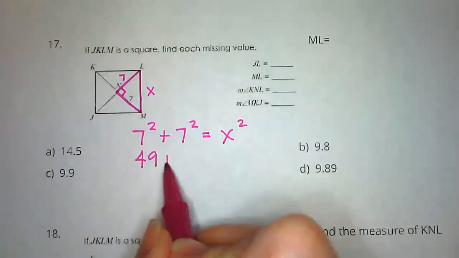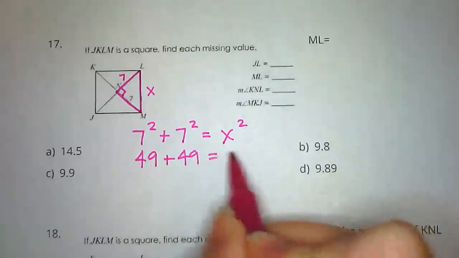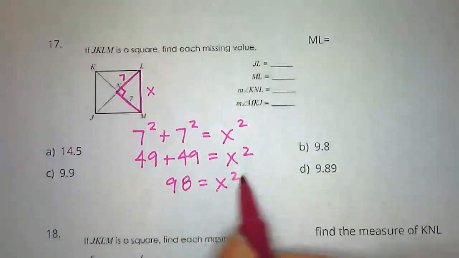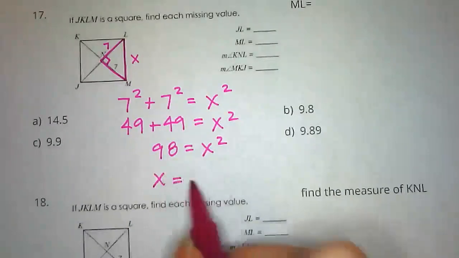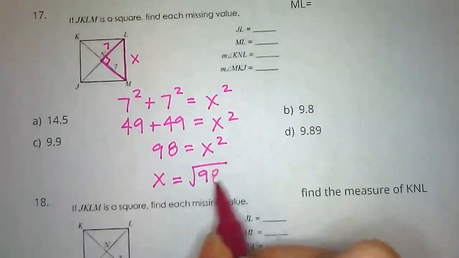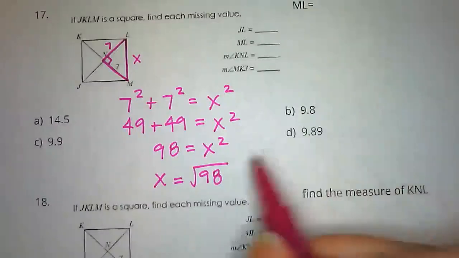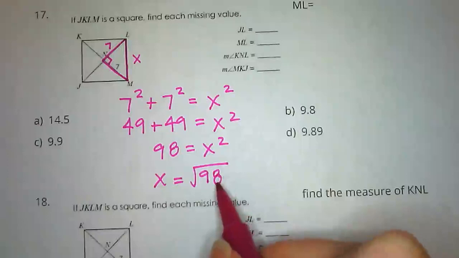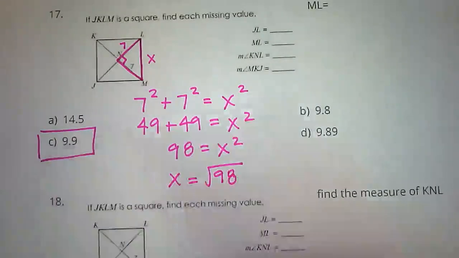So this is 49 and 49, which is 98. So x is the square root of 98, which we can estimate to be really close because it's almost 100. I'm thinking it's going to be 9.9.